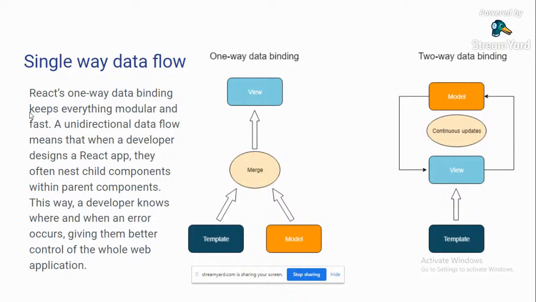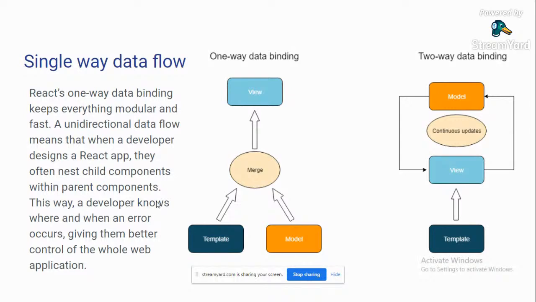Okay. So a unidirectional one-way data flow means that when a developer designs a React app, they often nest child components. So we have one parent component, then it has child components. So child components are inside the parent component, and they are represented in a tree-like structure. So it's easy for traversing.